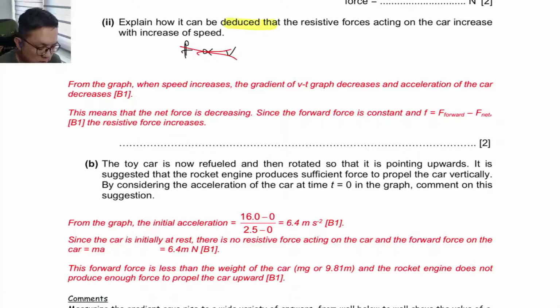We can see that when your speed is increasing, the gradient of a v-t graph decreases, therefore acceleration is also decreasing. In words, this says: as v increases, my dv/dt is dropping, therefore my acceleration is also dropping.